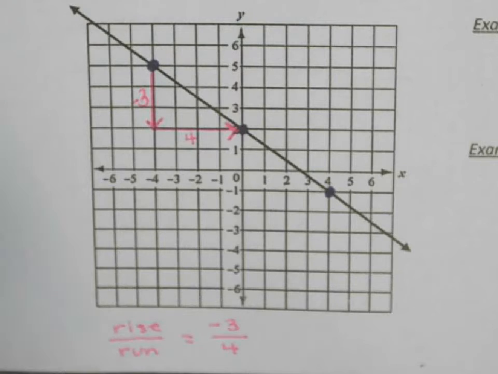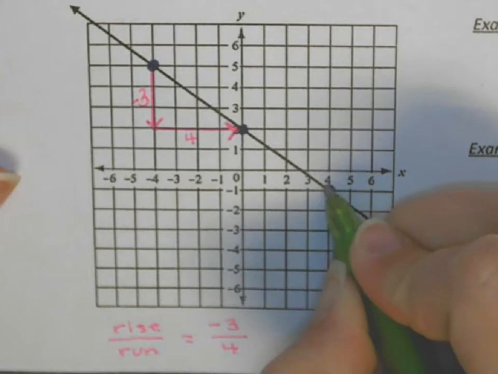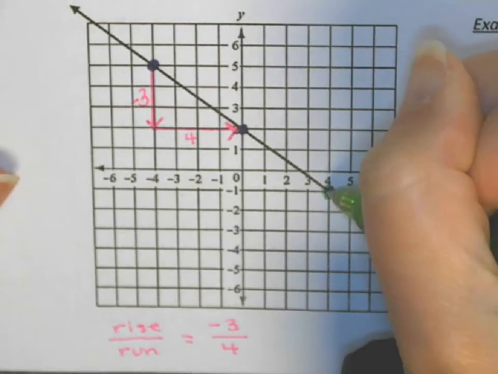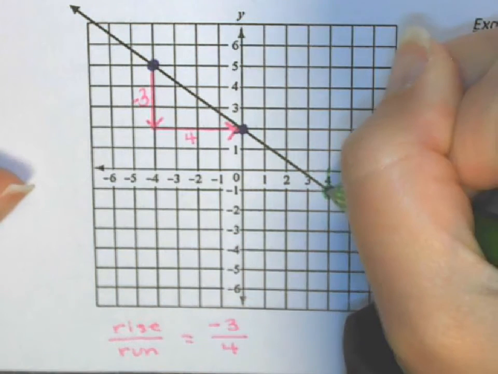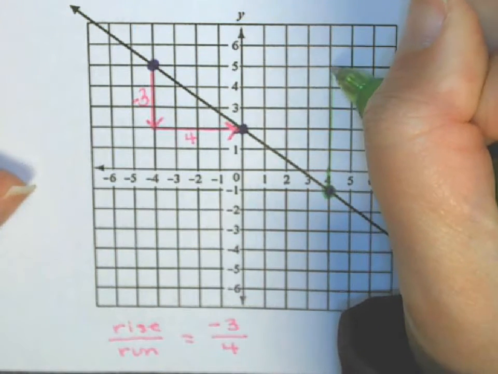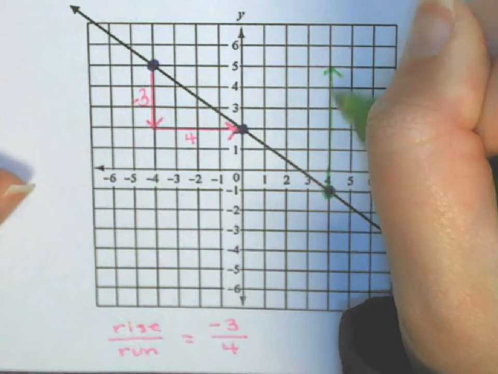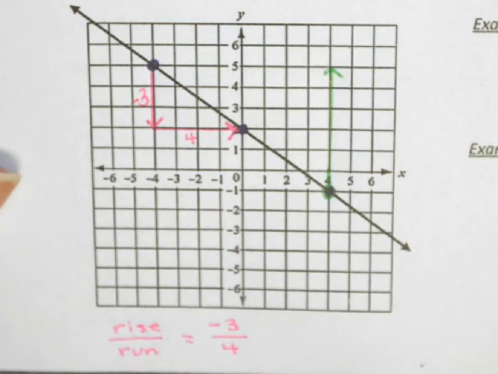Okay, I'm going to show you another way we could have done this, and how we'll still get the same answer, but our work is going to be a little bit different. If I would have started from this point and I went up, I'm going to come all the way back over to this point, the faraway point. So I would first have to go up. Up is positive on a graph.